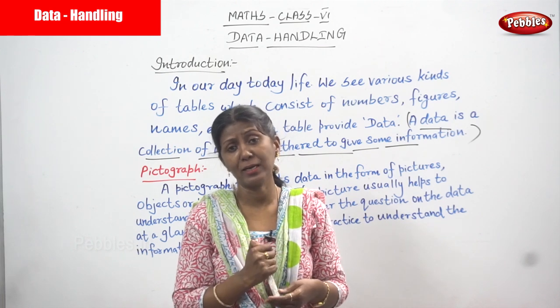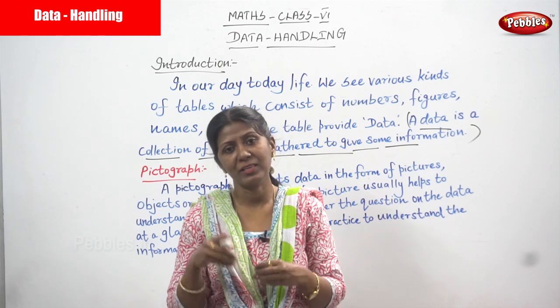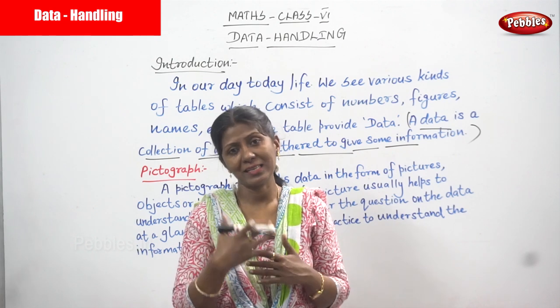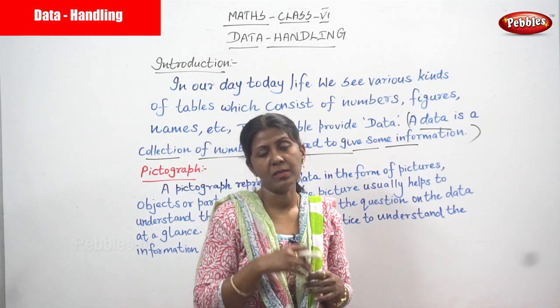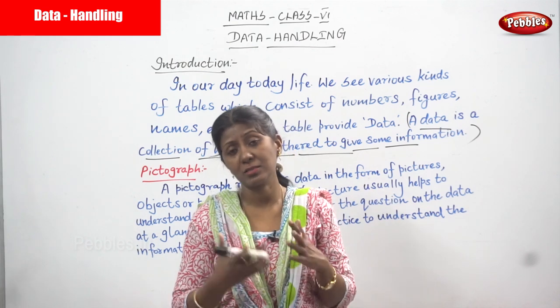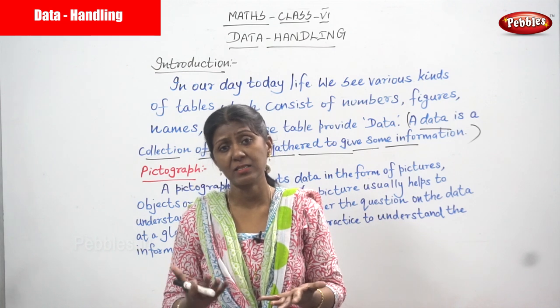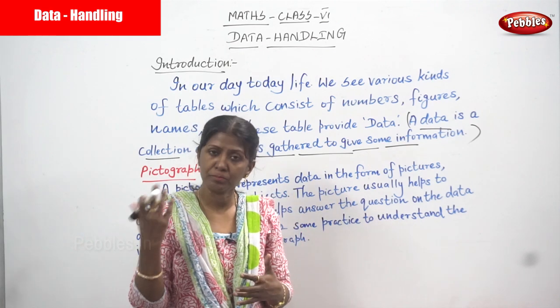For example, if you take Tamil Nadu, how many people are living in this state, that is very important. So we are collecting the information about the people of this particular state. So data means we are collecting data about many people or many other particular topics.